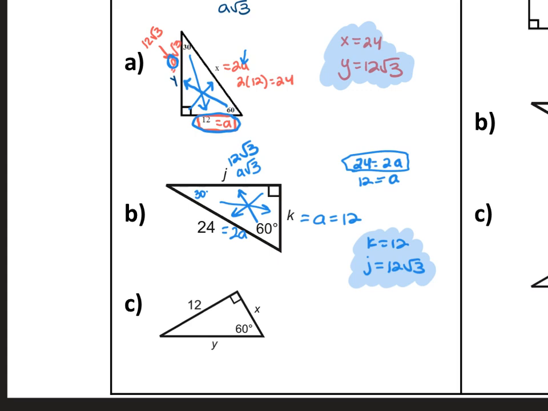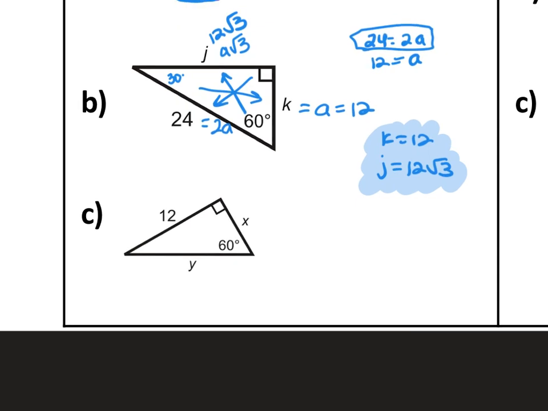The only time you don't have to solve for A is when I give you A. The other two times you're going to have to solve for A. Like the C, you're going to have to solve for A too, right? So C, again, this would be the 30 now. This would be A. This would be A root 3. This would be 2A. So what side did I give you this time?